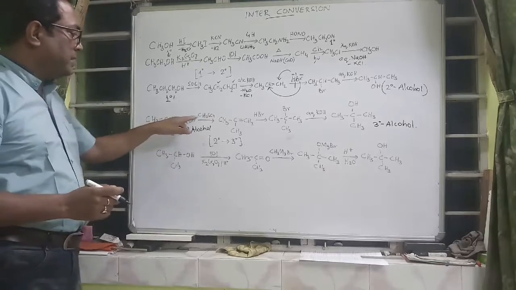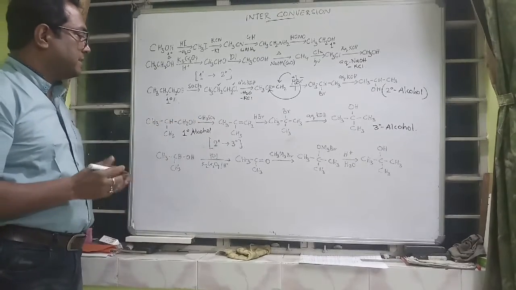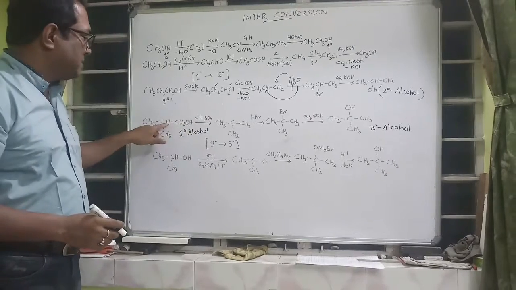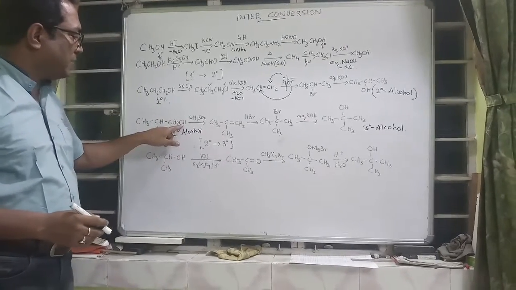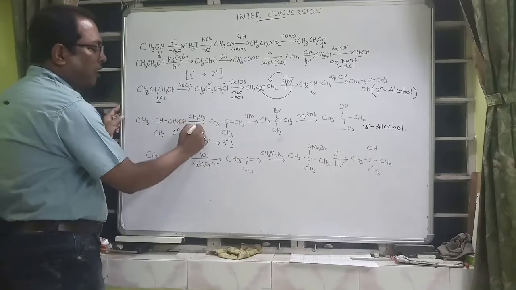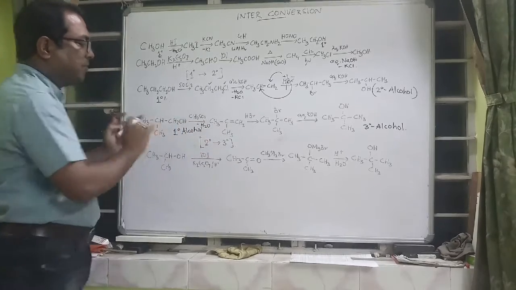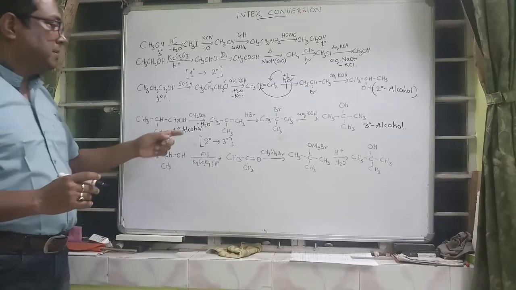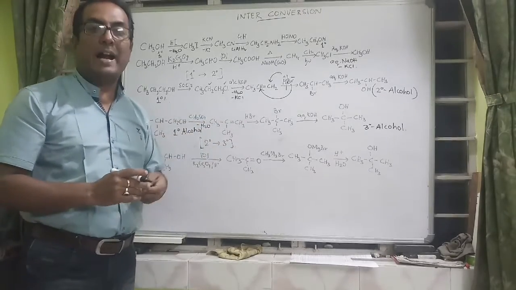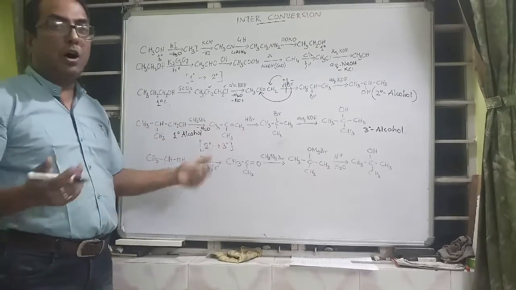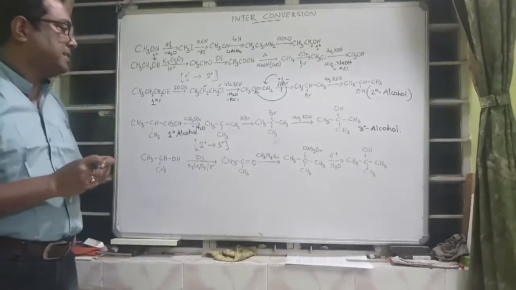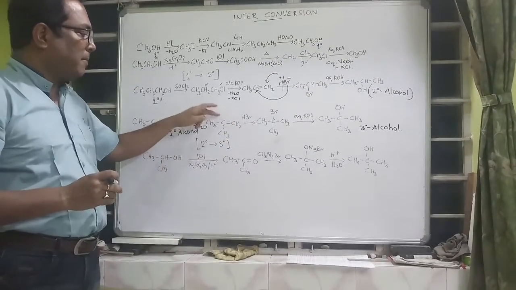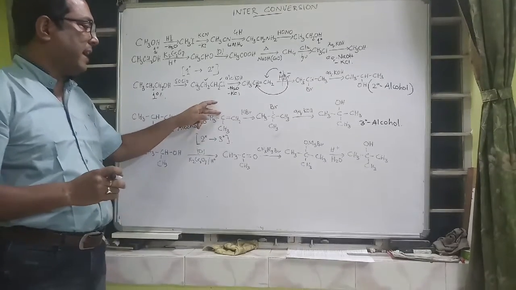But let us see how we are transforming it when we are taking concentrated H2SO4. What happens? This hydrogen and this hydroxide part are removed in the form of water. It will be lost forever, this H and OH, and it is going to form a double bond. As I have already told you, Markovnikov's rule with HBr or HI, you can put the Br on the carbon containing the lesser number of hydrogen.